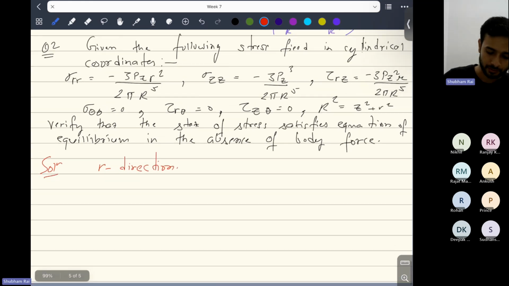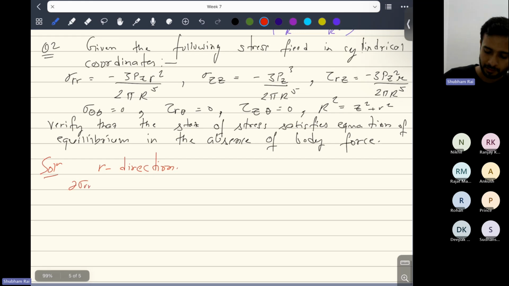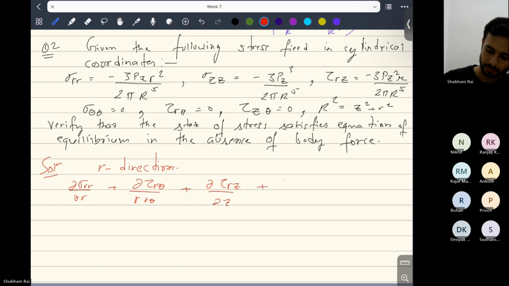If you take r direction, so you have del sigma r over del r plus del tau r theta over r del theta plus del tau r z over del z. And you have one extra term which is plus sigma r minus sigma theta theta over r.